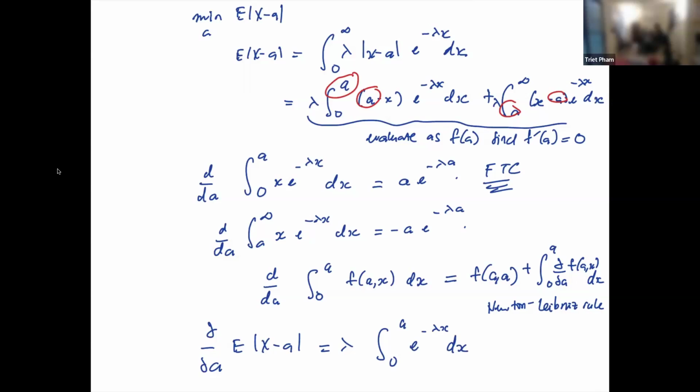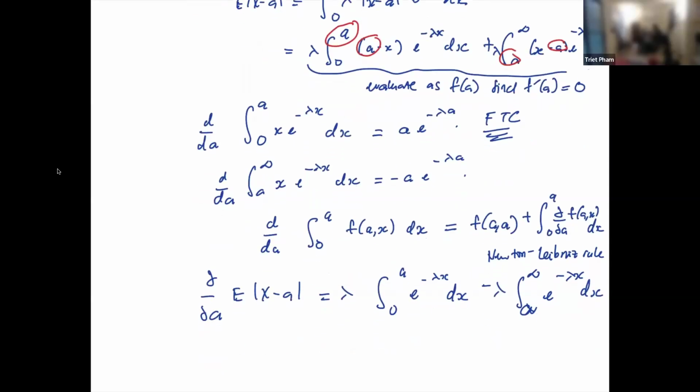And then if I differentiate with respect to a here, it becomes -1. Do you understand? And then we can set that equal to 0, because that's already the derivative.